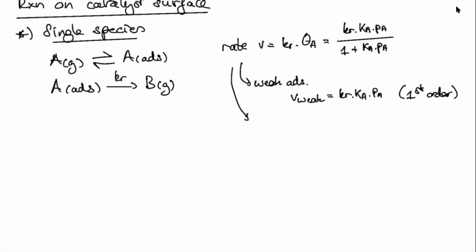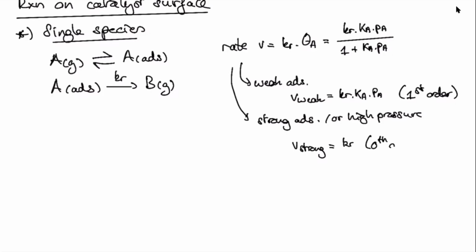If we have strong adsorption, or high pressure, V strong is Kr. So it becomes 0th order, which is nice. That's for a single species.